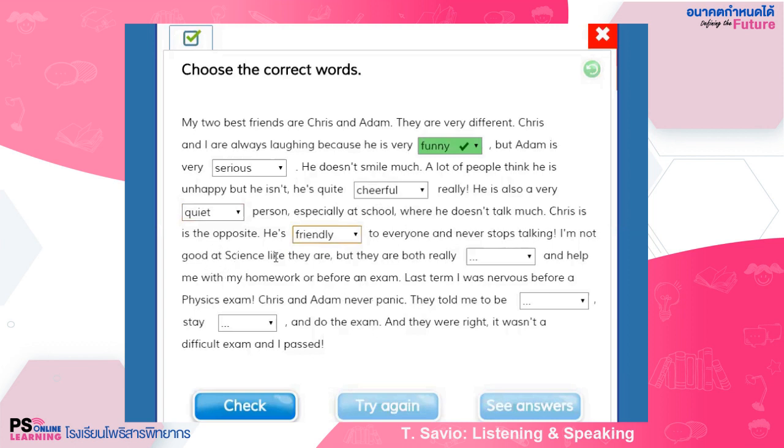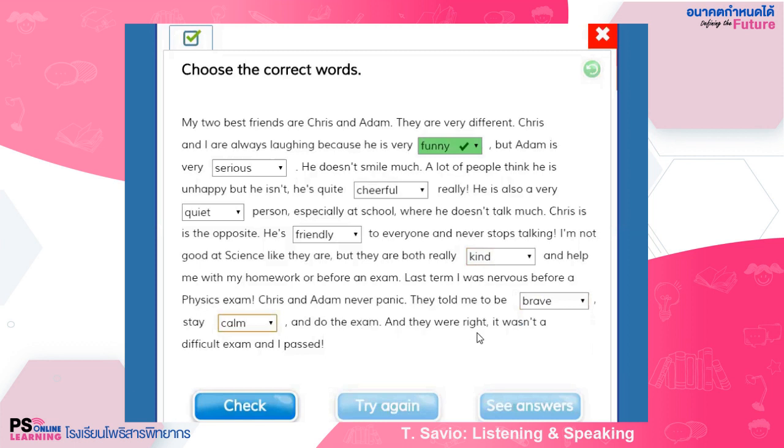I'm not good at science like they are, but they are both really kind and help me with my homework or before an exam. Last term, I was nervous before a physics exam. Chris and Adam never panic. They told me to be brave, stay calm, and do the exam.